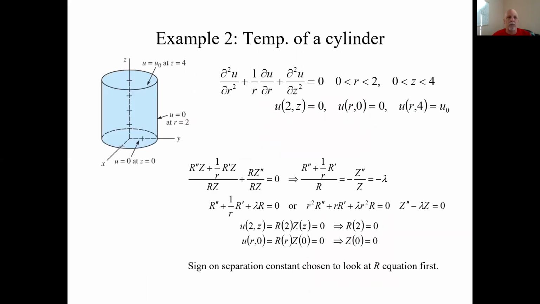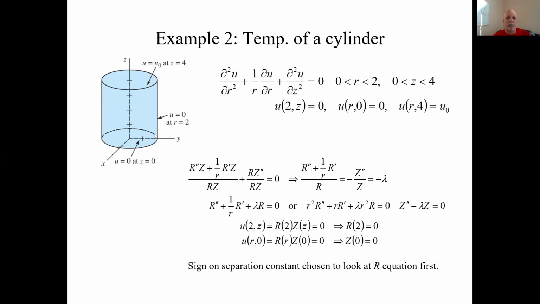It's a problem similar to one we already did. It's another steady state temperature in a heated cylinder, but we're going to have different boundary conditions this time. It's going to be held at 0 at the bottom and the top, and the outside sides are going to be a function of the height, z.